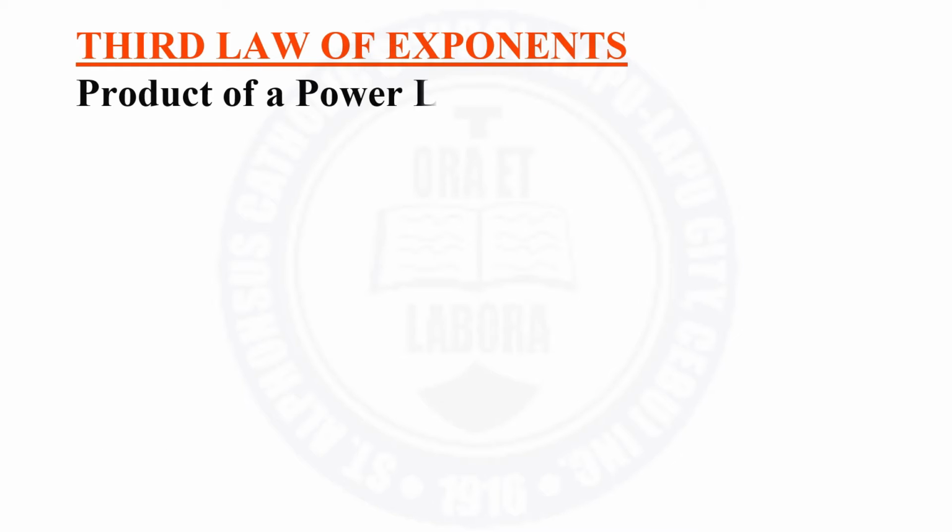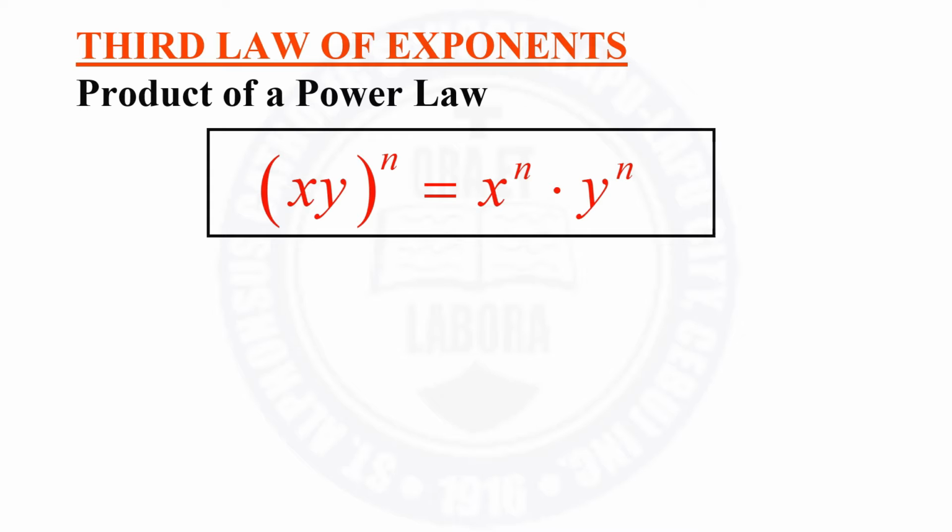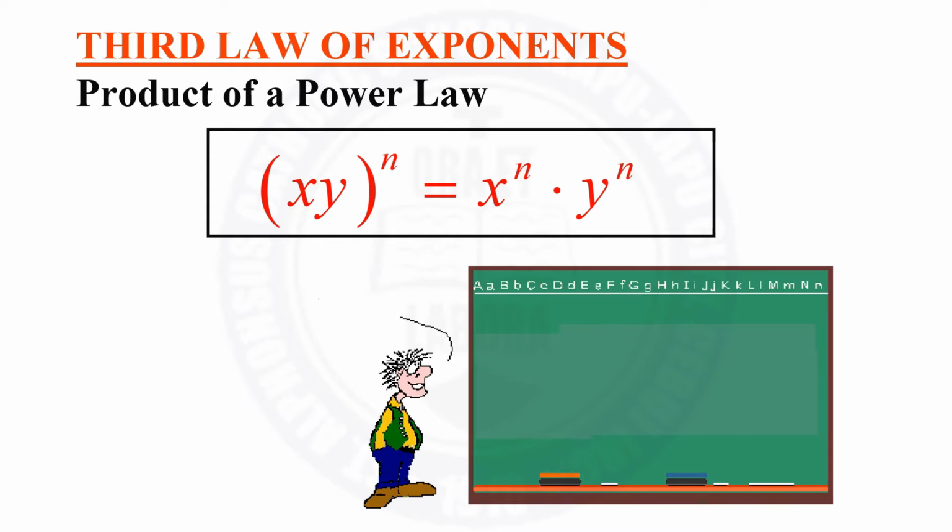The third law of exponents, which is what we call the power of a product law. The quantity xy raised to n is equal to x raised to n times y raised to n.